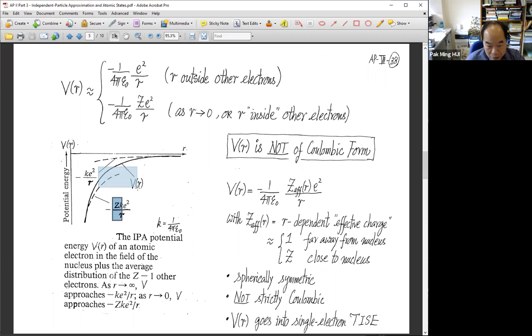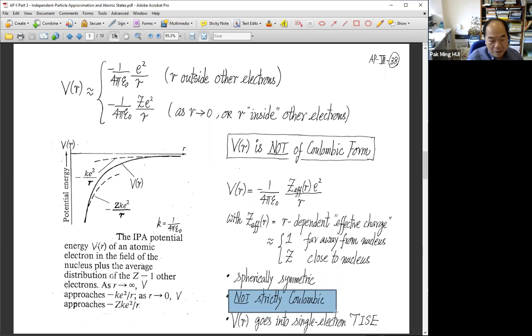Now, what happens in between, nobody knows. You have to do a lot of things self-consistently. But if we just connect the two limits by hand, immediately we see at least point number one, we can save the spherically symmetrical idea. Second, it is not strictly Coulomb, okay?